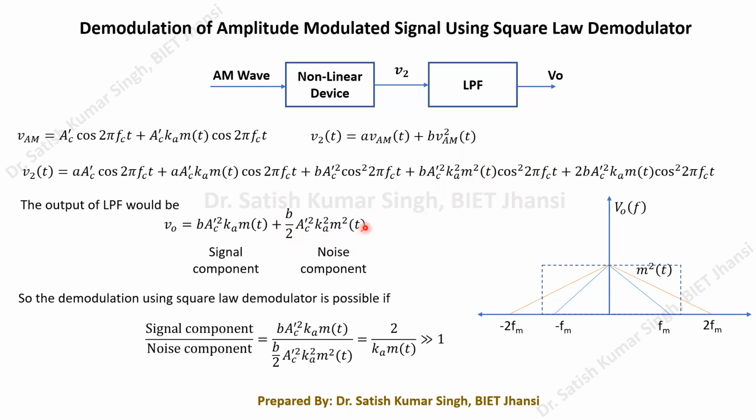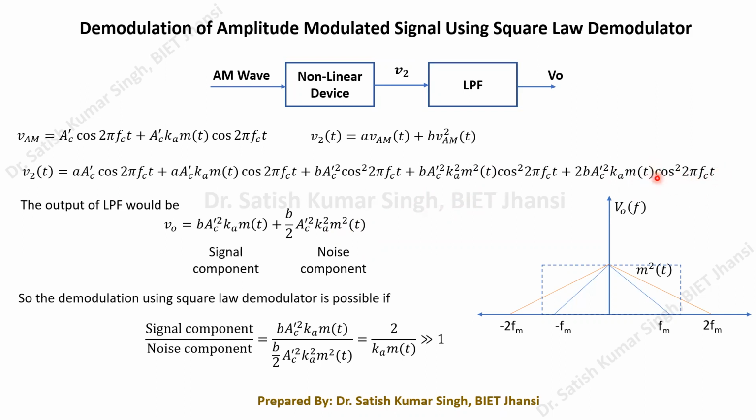Because it is again a low frequency component. Even if the maximum frequency component in MT equals FM, then M square T will consist of just double that FM. We have to take care of that, as I will tell you now. So this is one of the components. And then this is going to give you another component which actually contains the message signal, because again this term gives 1 plus cos 4 pi FCT divided by 2.